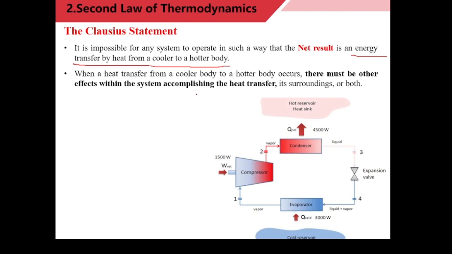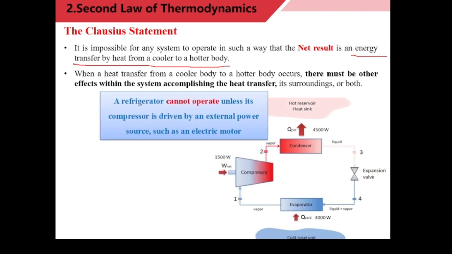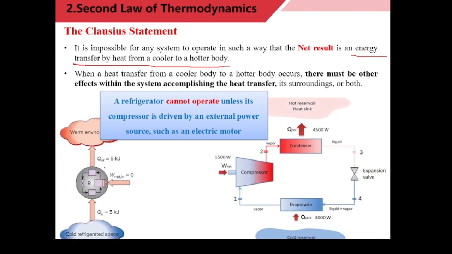In very simple words, you can say a refrigerator cannot operate unless the compressor is driven by an external power source such as an electric motor. So your refrigerator cannot operate unless its compressor is run with an external source.